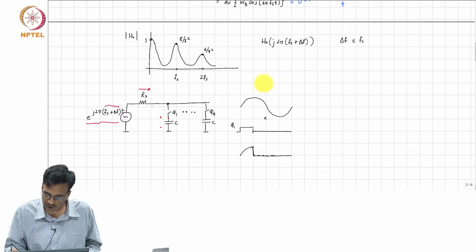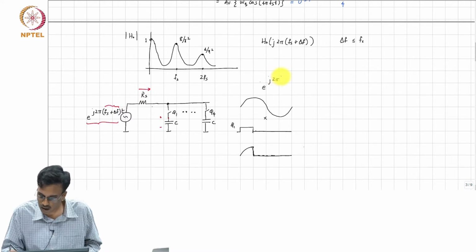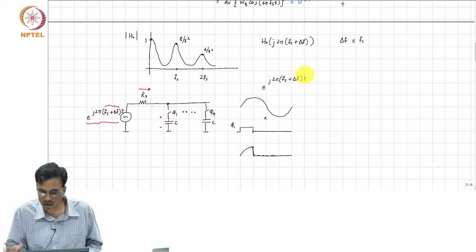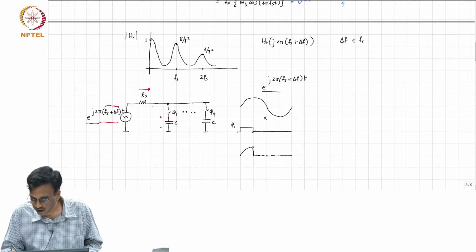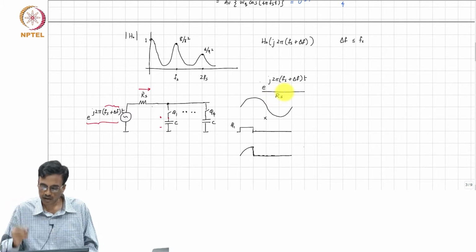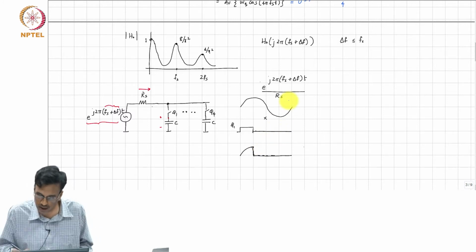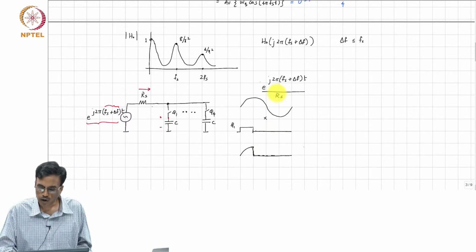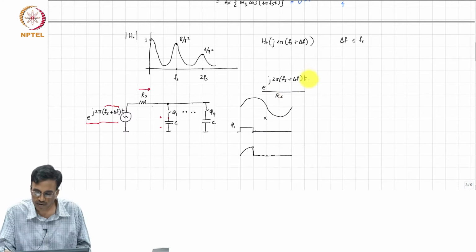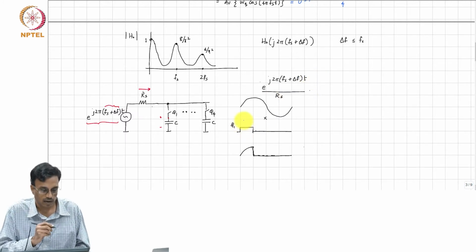So, now by the same token, if the input was e to the j 2 pi Fs plus delta F times t, the current is the voltage divided by Rs, right, and we are interested in figuring out what the low frequency component of this multiplied by this phi 1 of t is, right.